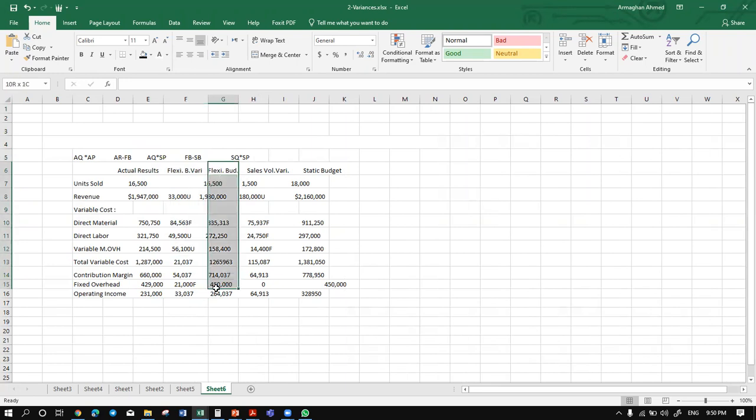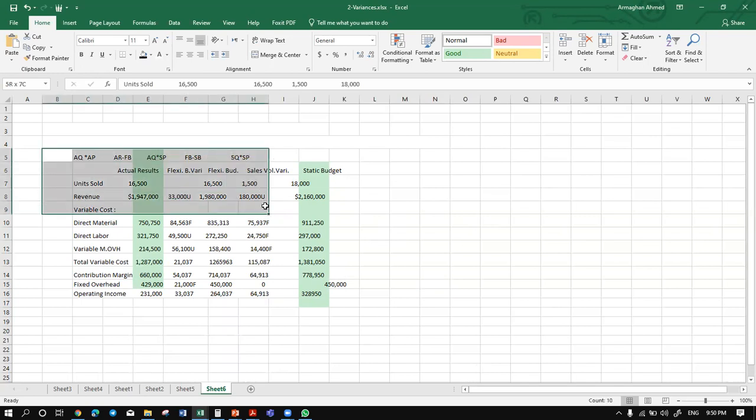Basically, we have this data: one is actual results, the other is the static budget. Two things we have here, right? And with that, we have to make our flexible budget. So how can I make the flexible budget?